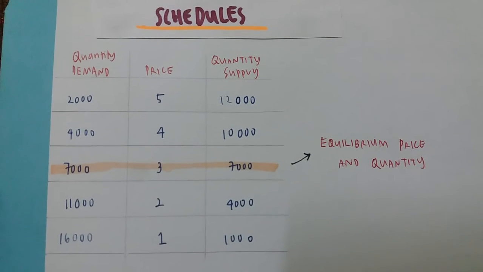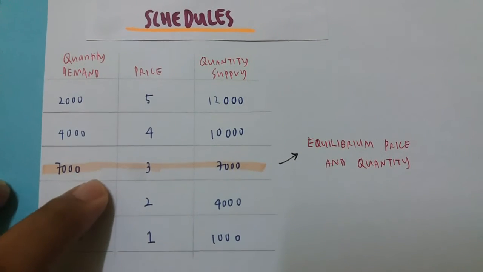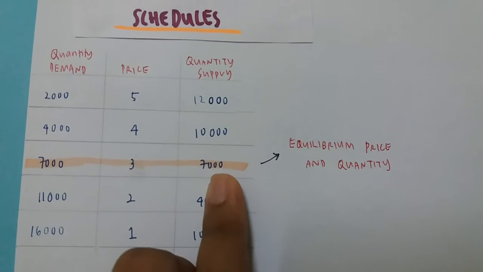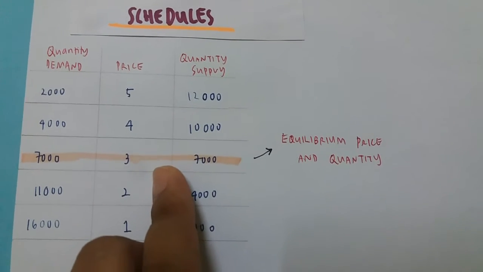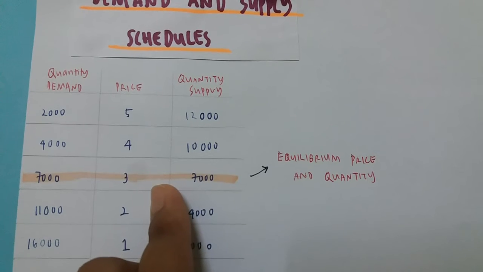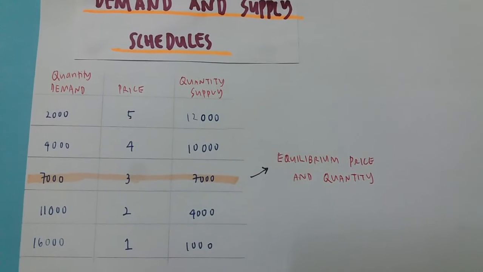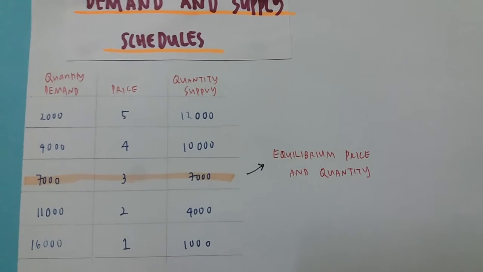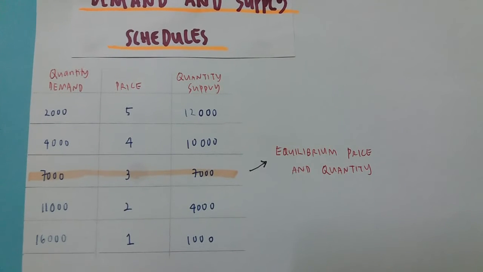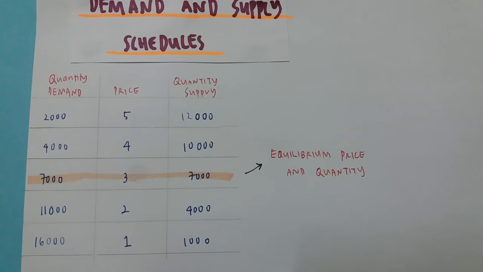For example, the quantity demanded and quantity supplied is the same at RM3 and the quantity is 7,000 units. So, the equilibrium price is RM3 and the equilibrium quantity is 7,000 units.